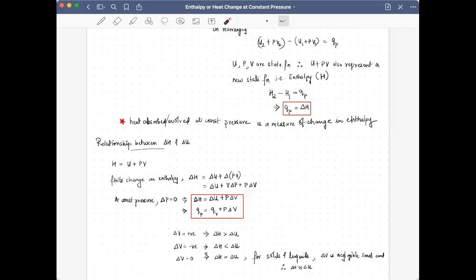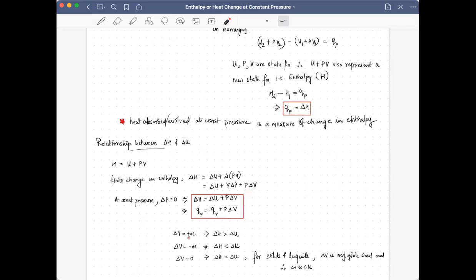Now let's try to understand some inferences from this expression. Suppose our delta V value is positive. Positive means there is expansion in the gas.